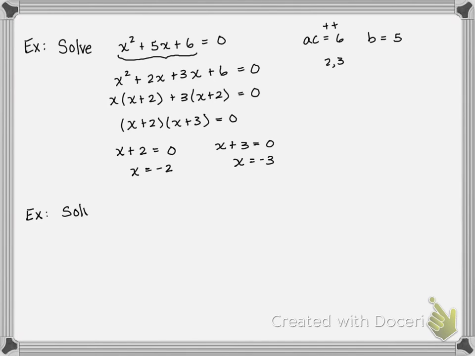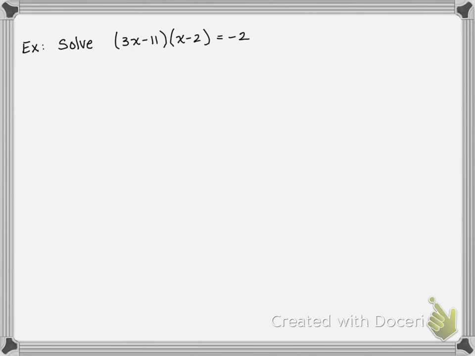Let's solve this one. It was very silly of me to put this at the bottom of this page. There we go. Now we've got room. You guys tell me what to do. Get 0 on one side.